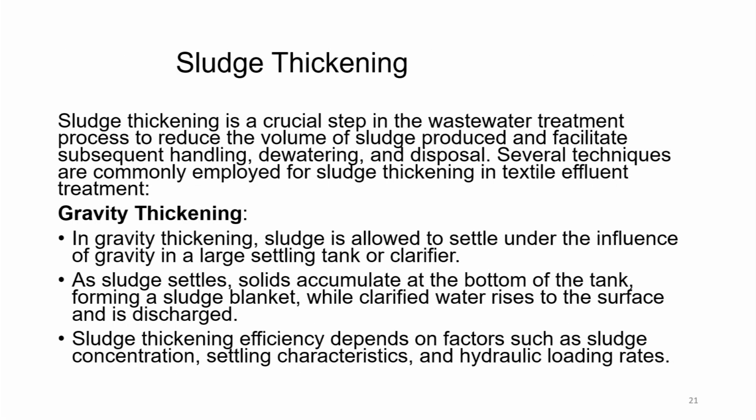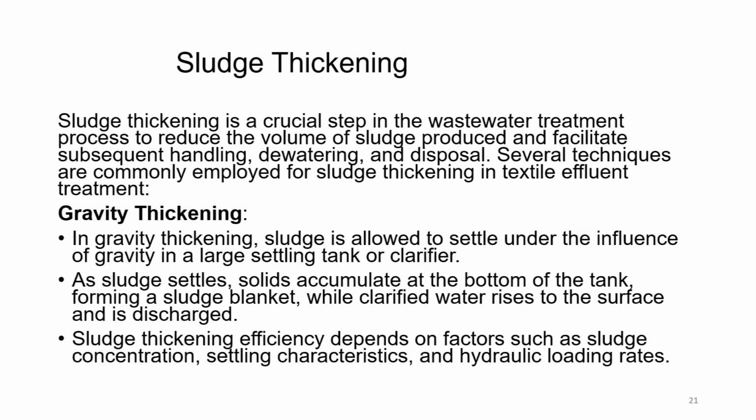Sludge thickening. Sludge thickening is a crucial step in the wastewater treatment process to reduce the volume of sludge produced and facilitate subsequent handling, dewatering and disposal. Several techniques are commonly employed for sludge thickening in textile effluent treatment. Gravity thickening.